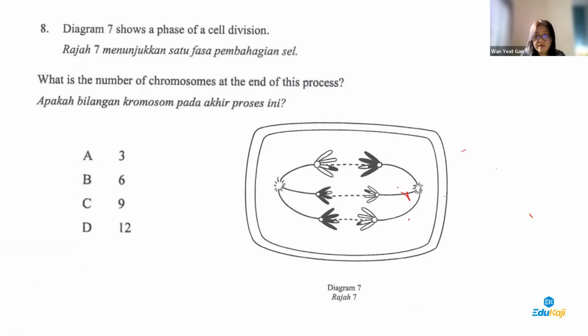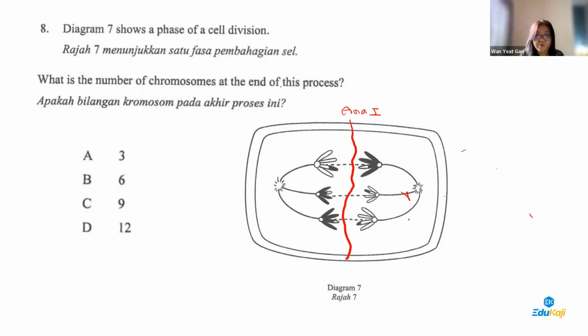Okay, so you can see here that the centromere still holds the sister chromatids. So this is actually anaphase 1. Now, this is followed by cytokinesis.